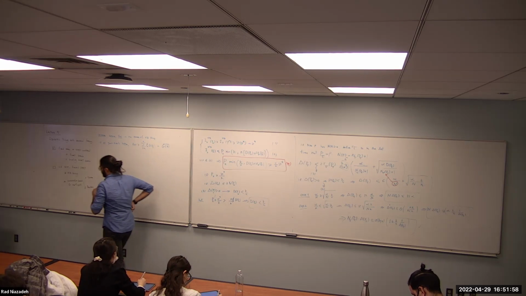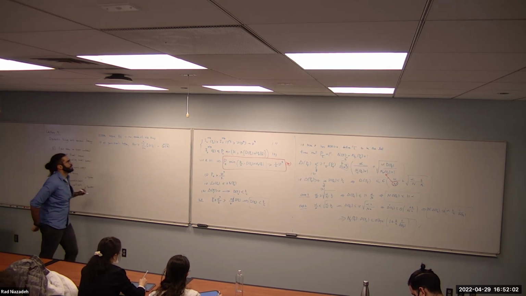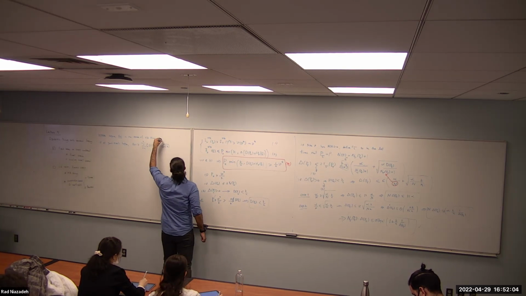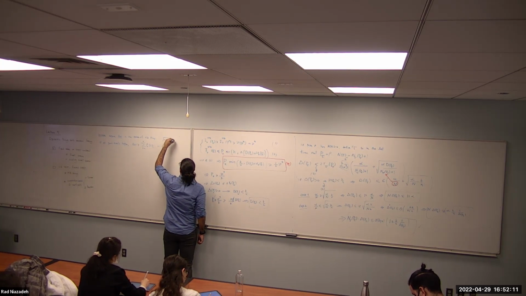So what is g of k? g of k is square root of k log n plus log n.